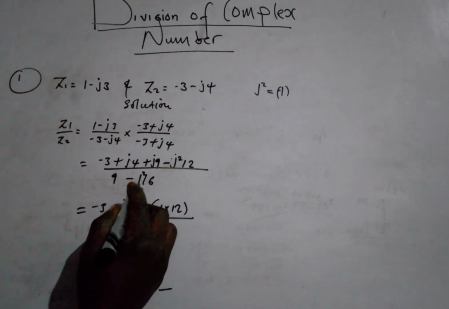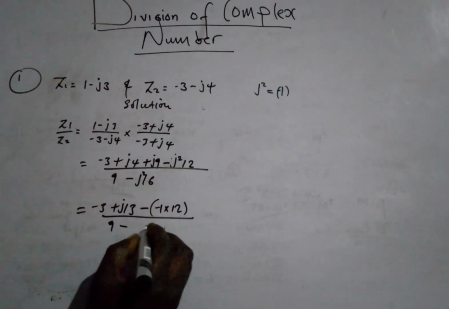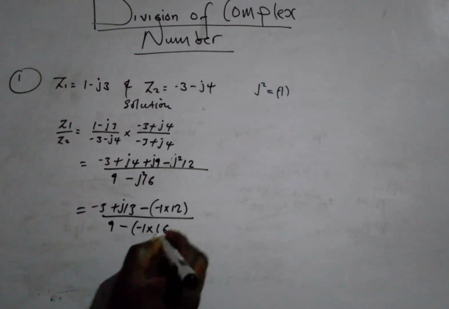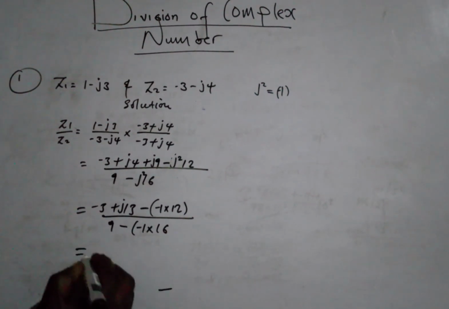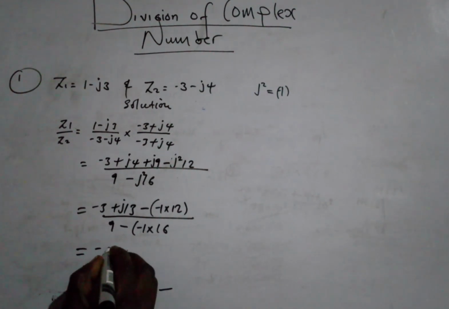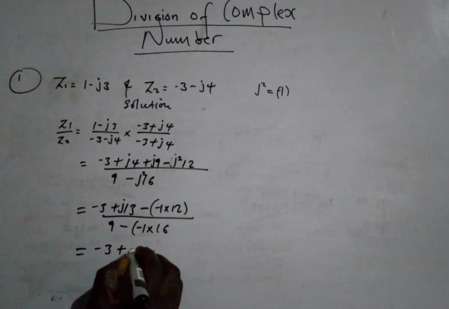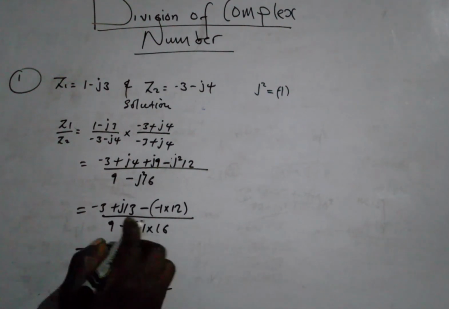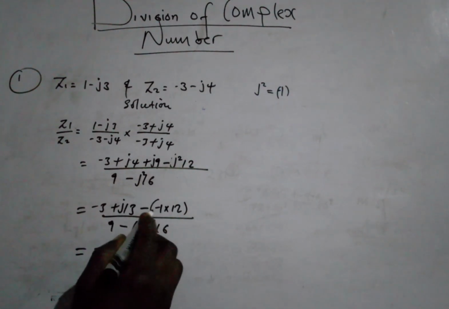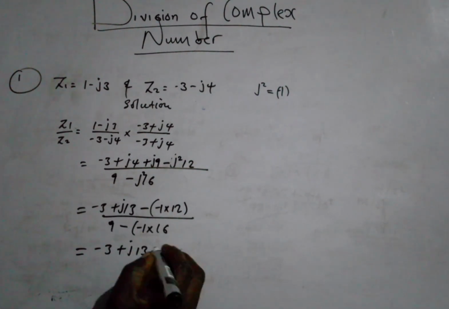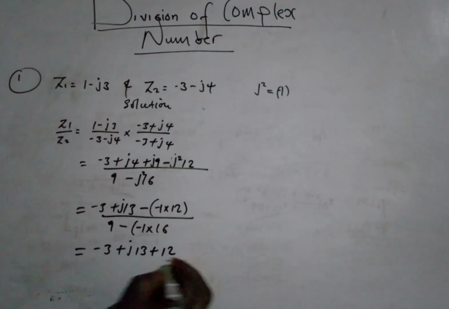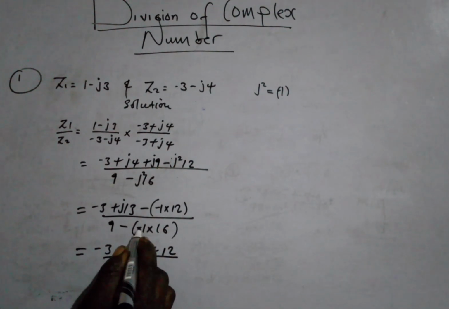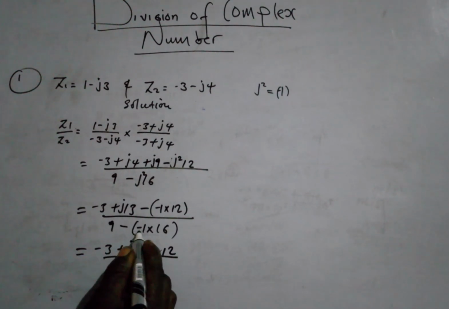Same applies here, where we have i squared, minus 1 times 16. So it will be equal to minus 3 plus i13, then negative times negative will be positive, positive times 12, which is plus 12, over 9 plus, negative times negative is positive, so 1 times 16.